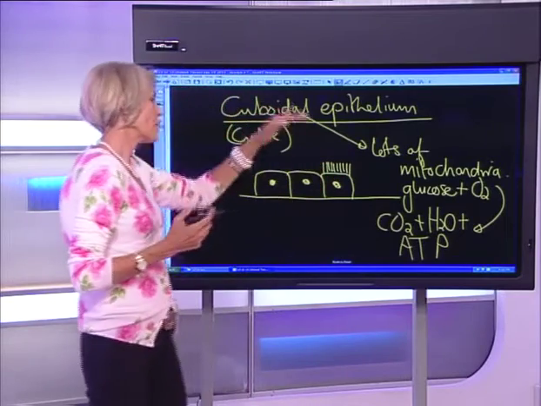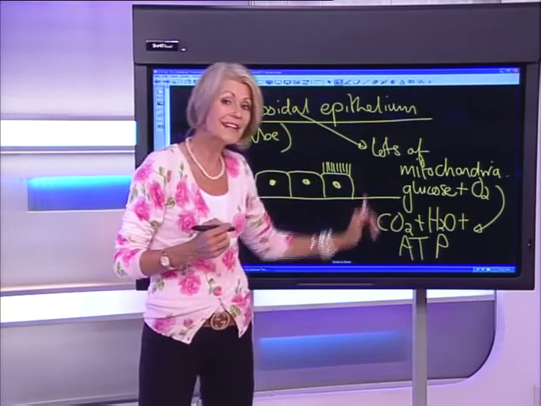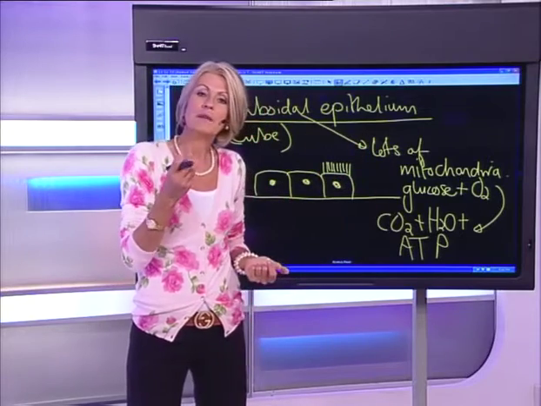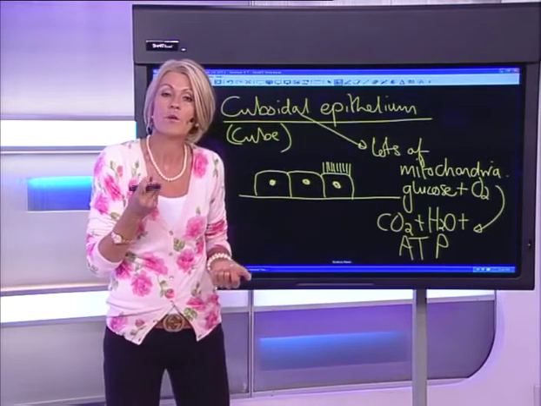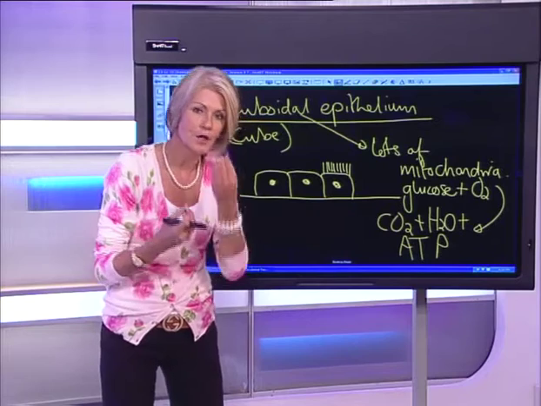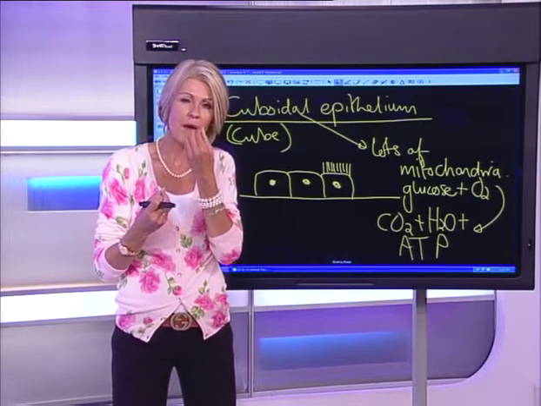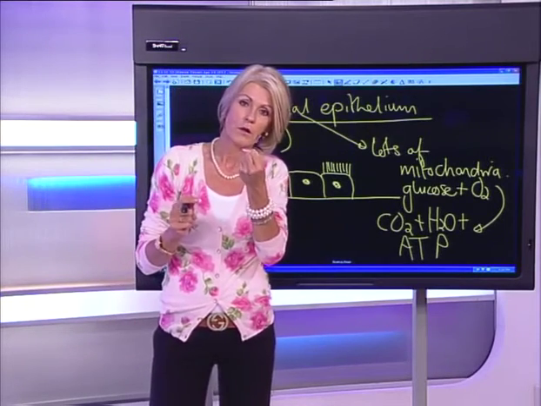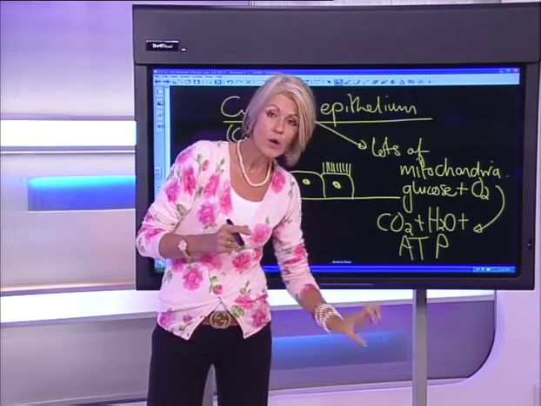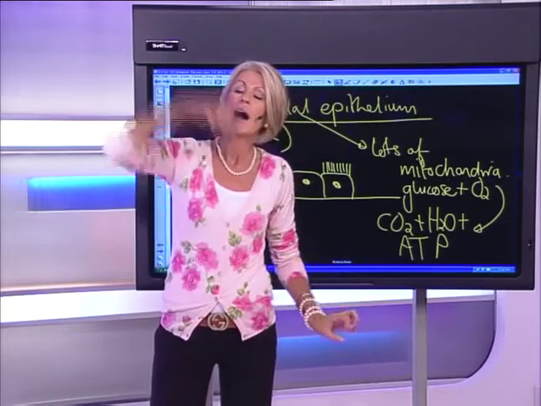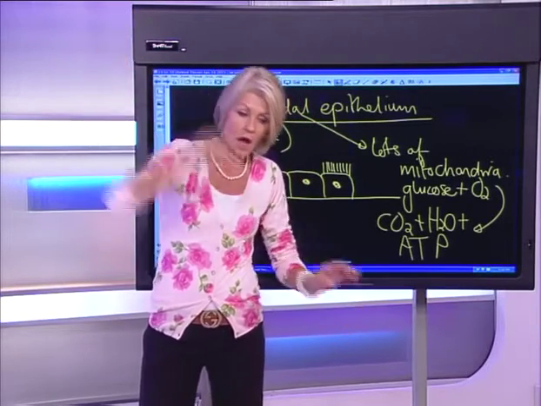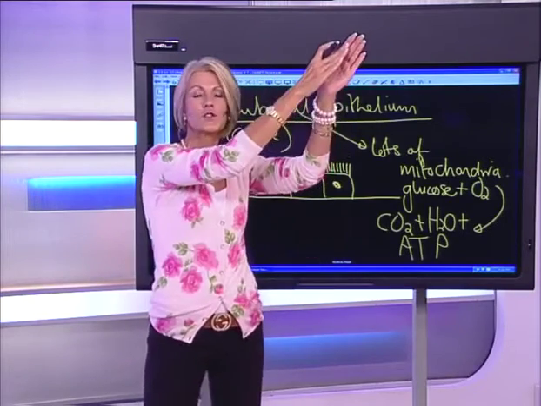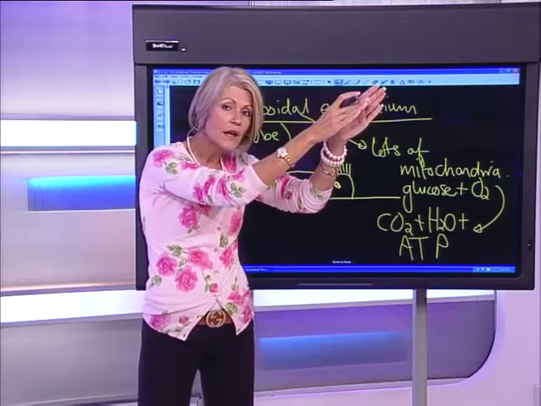And if the cuboidal epithelium have a lot of mitochondria to produce energy, it means that they work very hard wherever we are going to have active transport. Remember, active transport is the movement of a molecule or a substance from a low concentration to a high concentration, going uphill, against that concentration gradient.